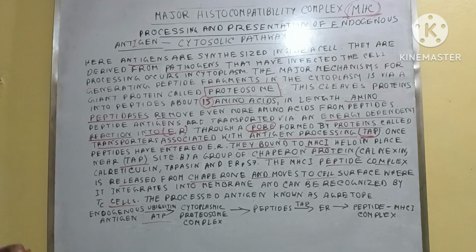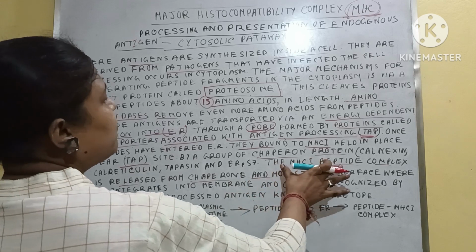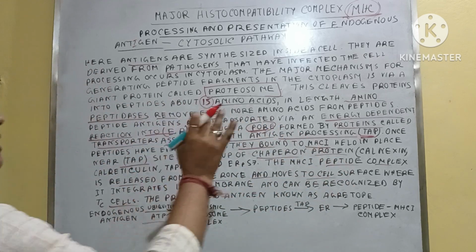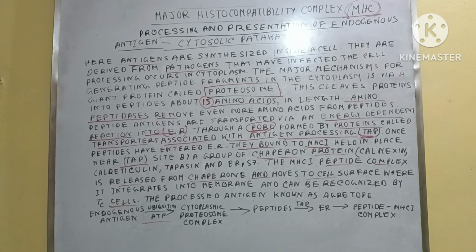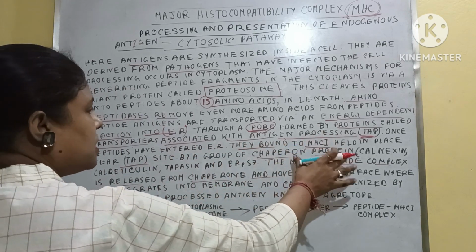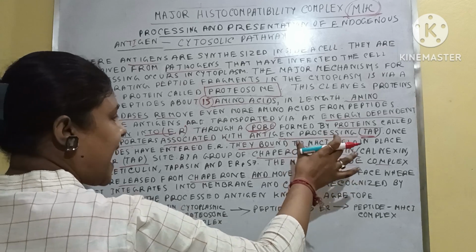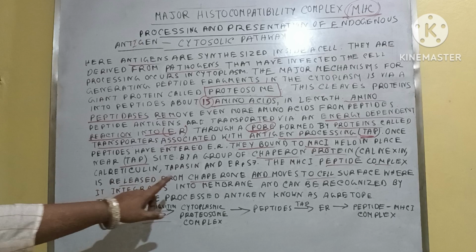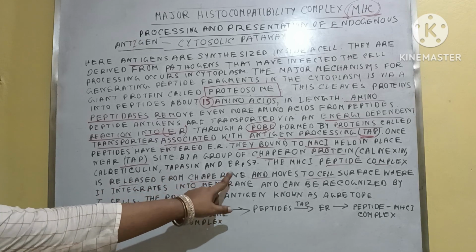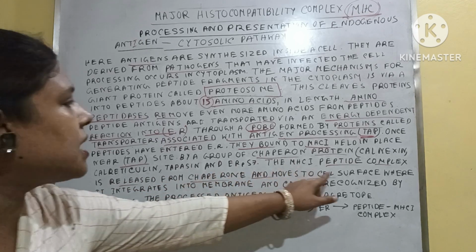This complex formation is possible only with the help of chaperone proteins. Clear? And once the binding is completed, that means when the MHC1 and peptide complex is already formed, the chaperone proteins that helped this formation are released from this complex.